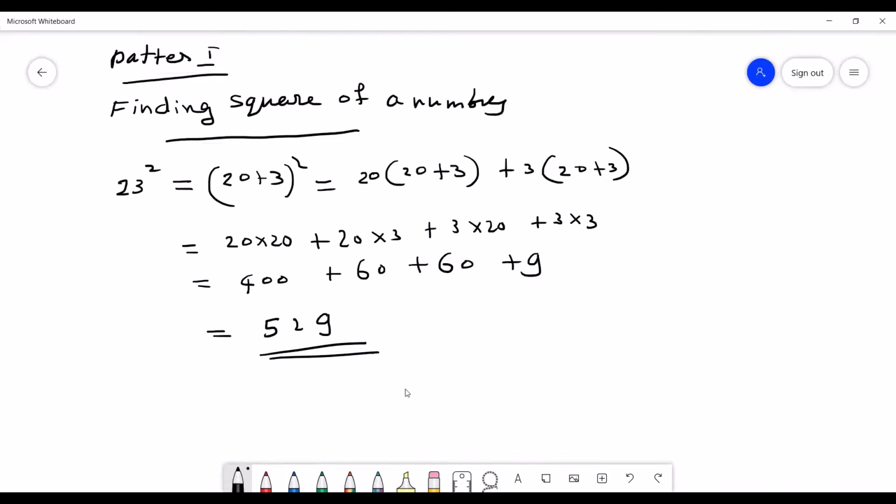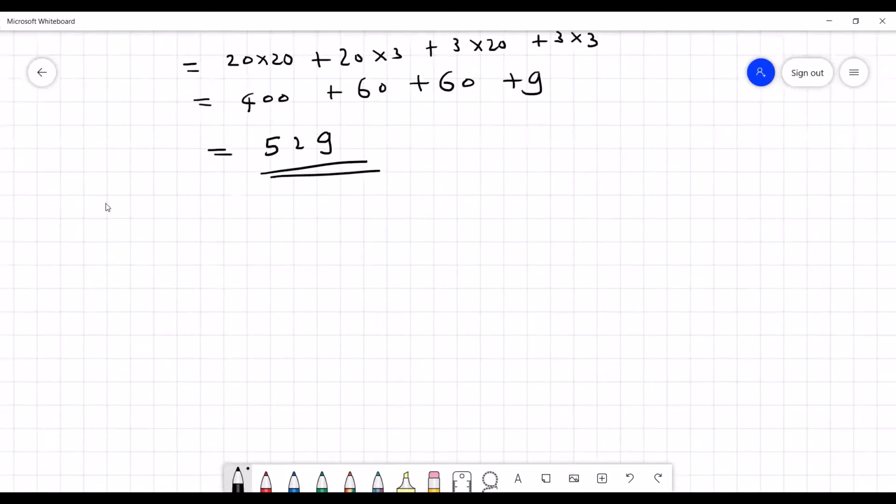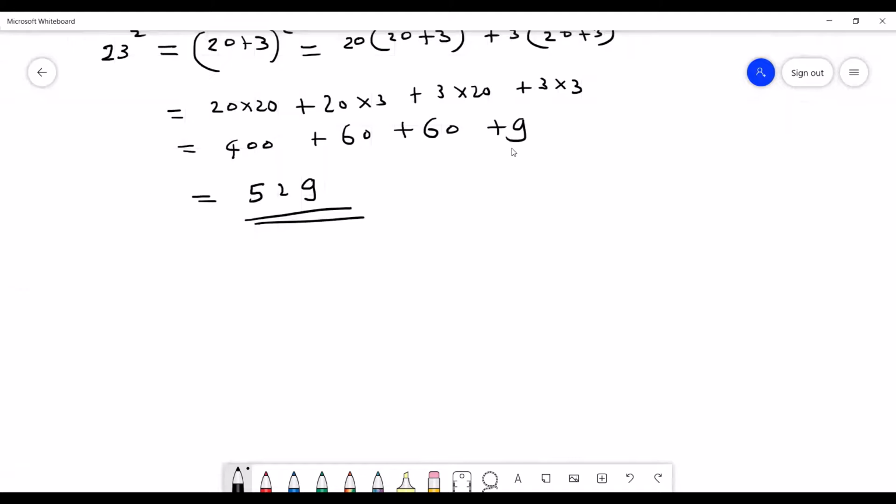And the same thing we can find out, and this is the format I will write here. (A plus B) whole square is equal to A into (A plus B) plus B into (A plus B).